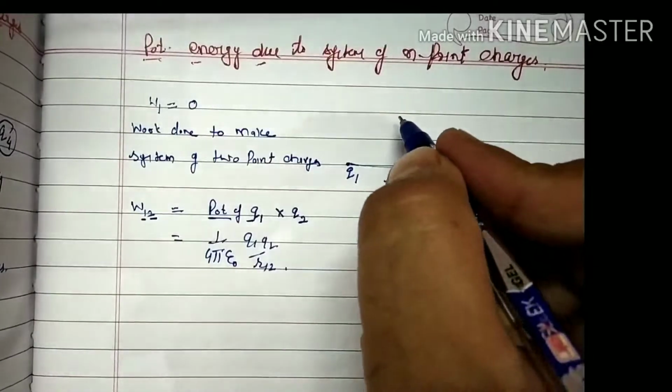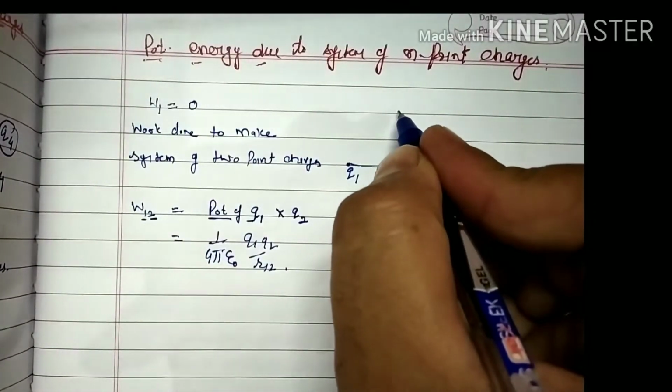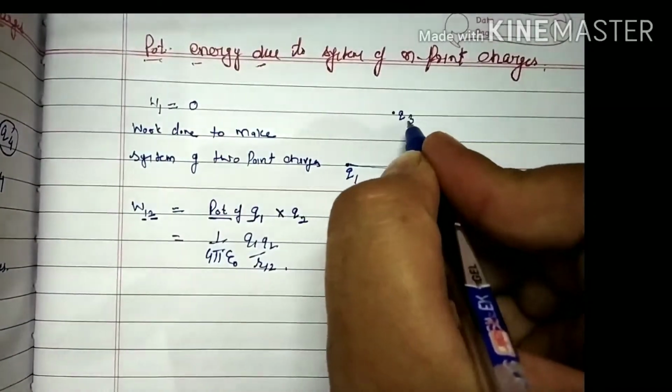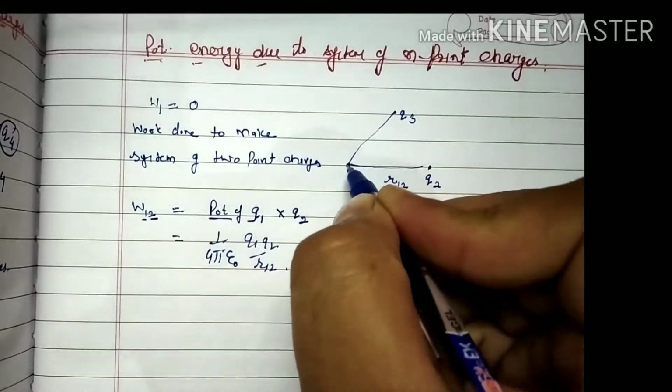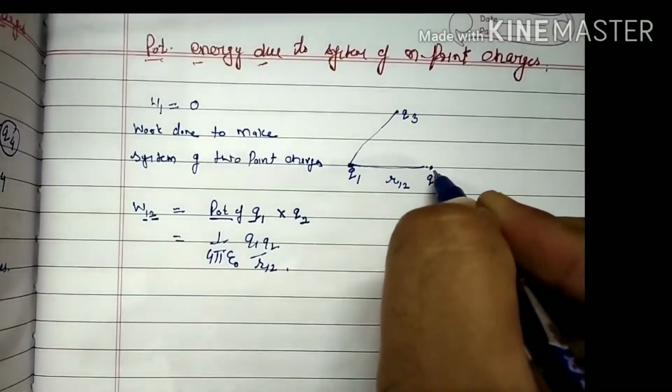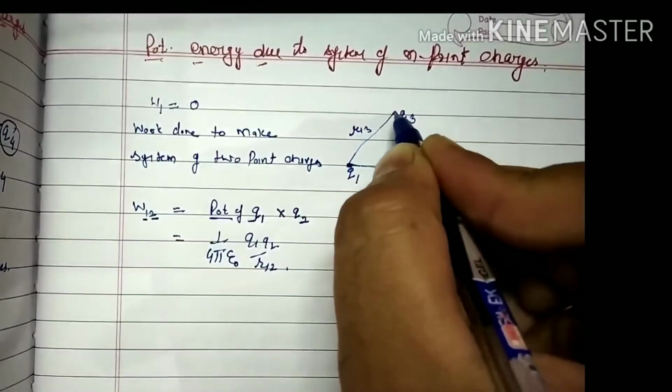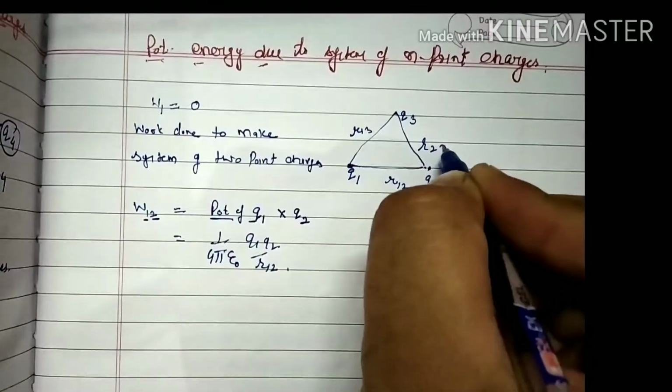Now we bring the third charge Q3, and Q3 is kept in the potential of Q1 and Q2 at distances r13 and r23.